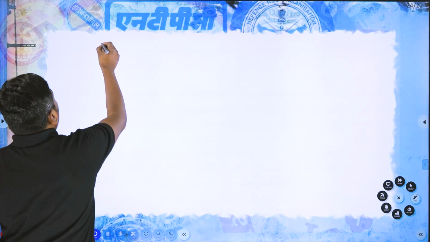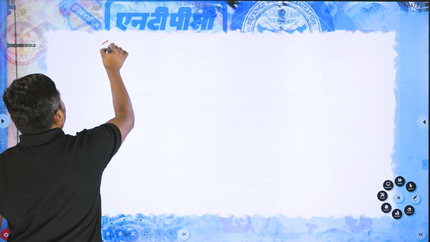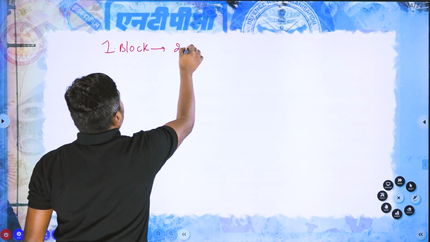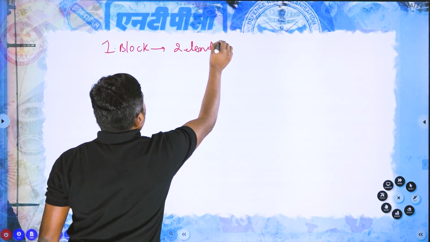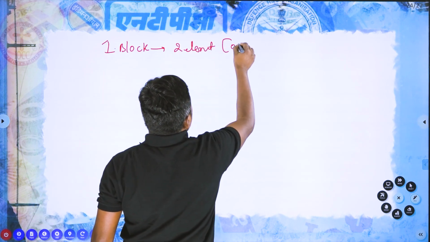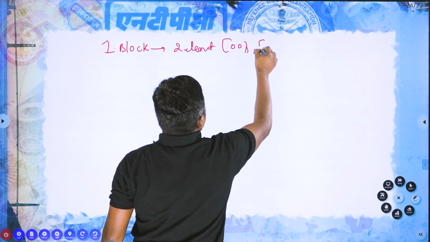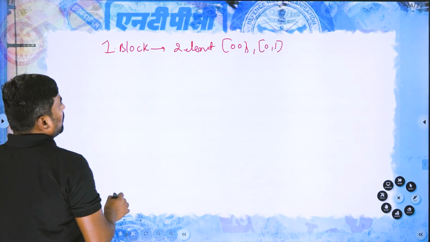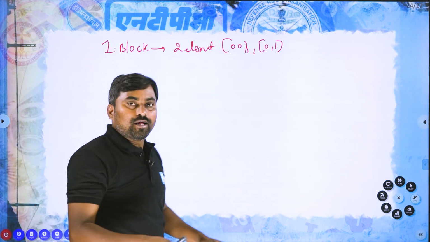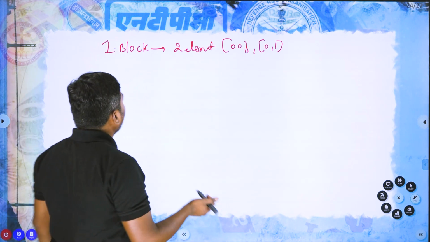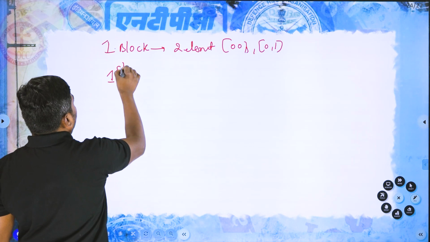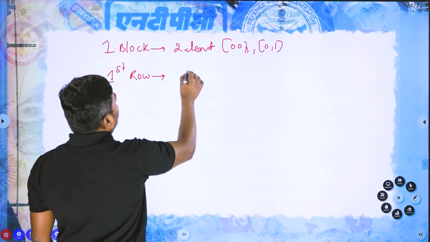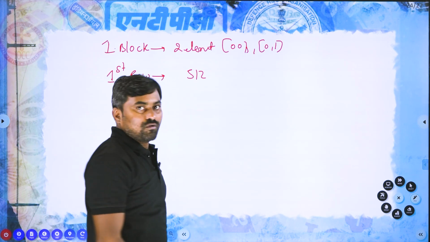One block contains 2 elements, that is, I can write 00 and 01, correct or not? This is the index, the first block. One row contains 1024 elements. To store the first row, how many blocks are required? 512 blocks are enough or not?